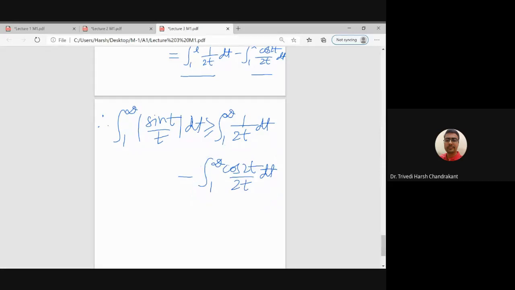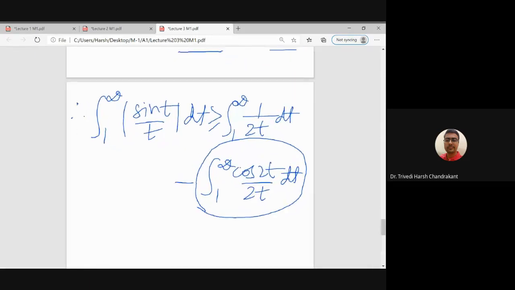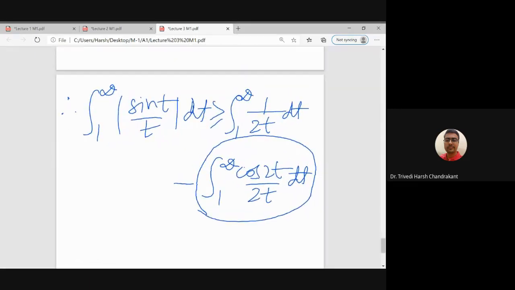And so can we see that this integral is convergent? The integral of cos 2t by 2t dt. Yes, sir, it is convergent. Yeah, so which test will we use? Sir, by Dirichlet.